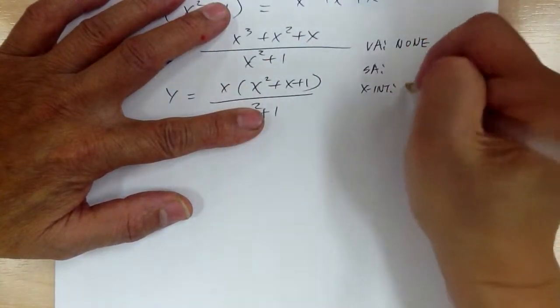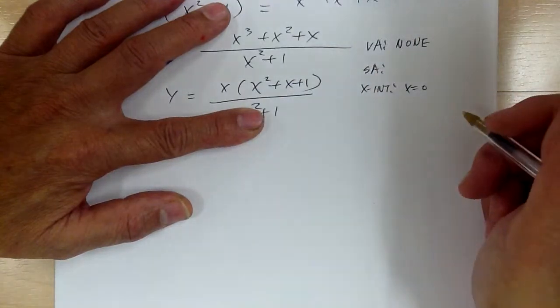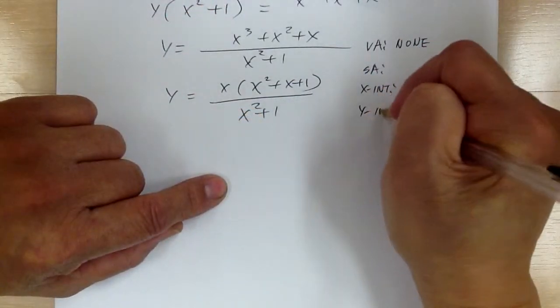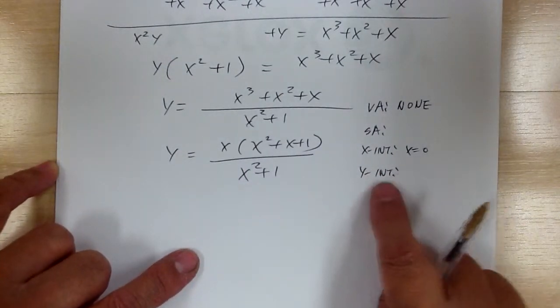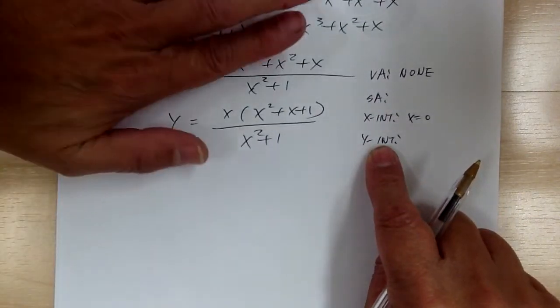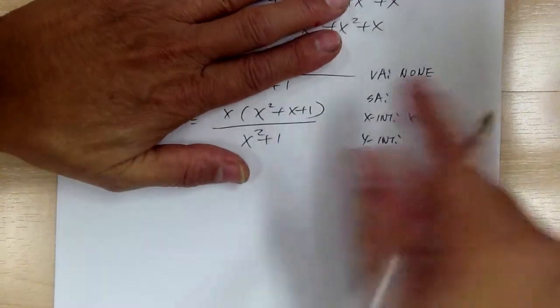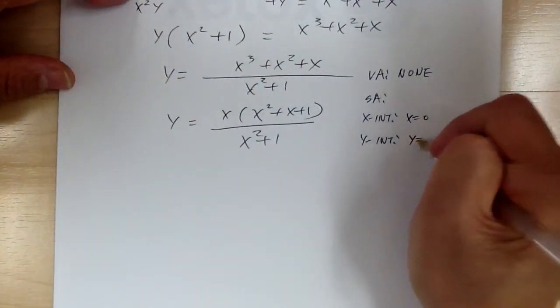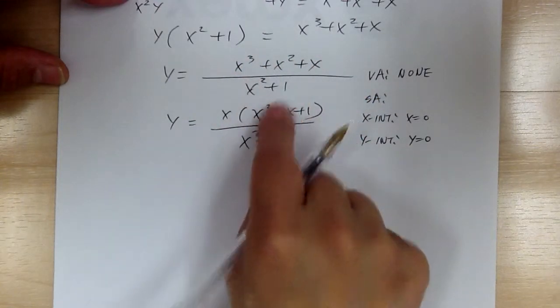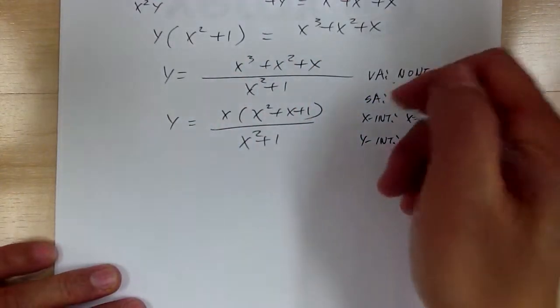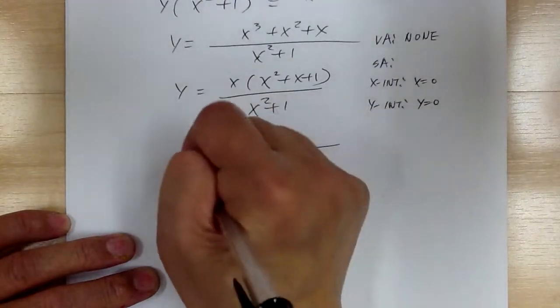So from here you can see that x equal to 0 is one of the x-intercepts. Then y-intercept is from here. So when you set x equal to 0, all this will be gone. So you got 0 over 1, so you're going to get 0. Now you have to do the slant asymptote, so you have to do the long division.